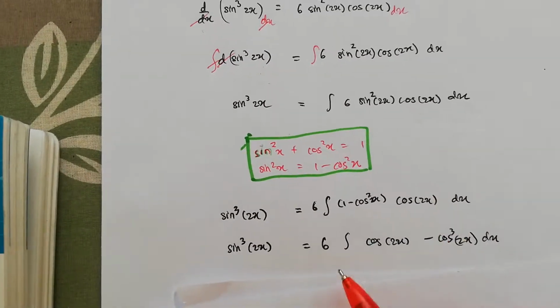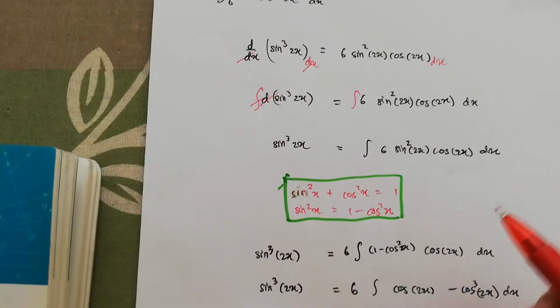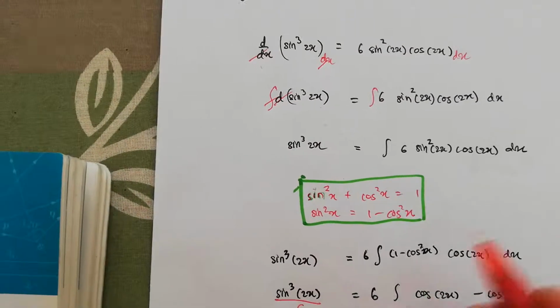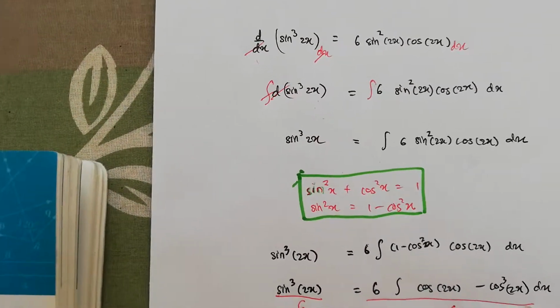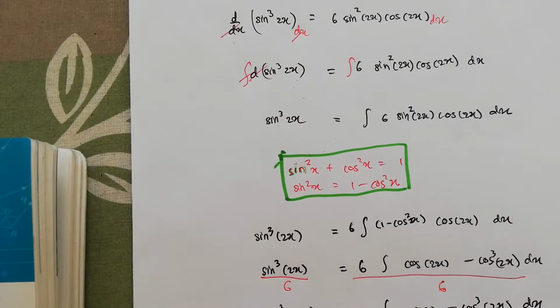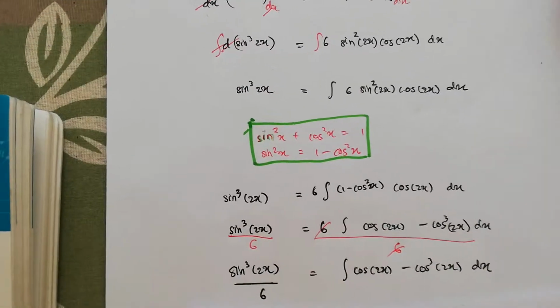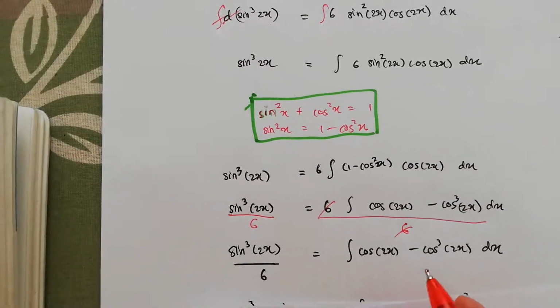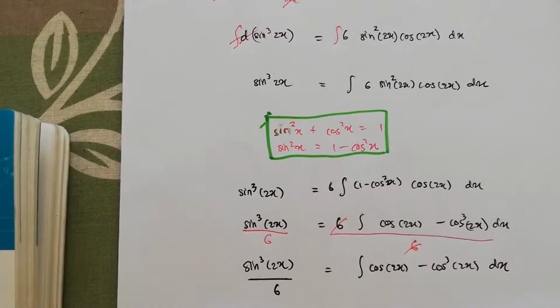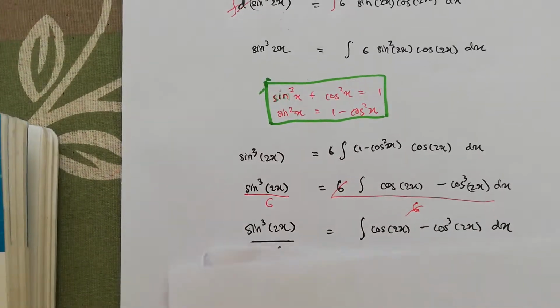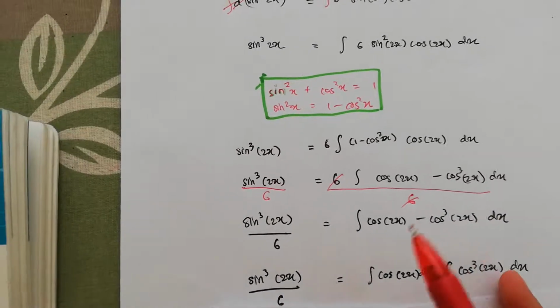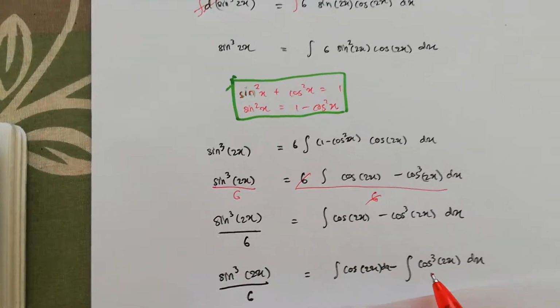Then we divide by 6 on the left, divide by 6 on the right to get rid of the 6. So I get this now. We just need to isolate this one. We can integrate one by one, so I can integrate this and then integrate that.